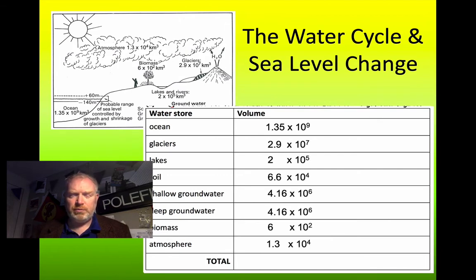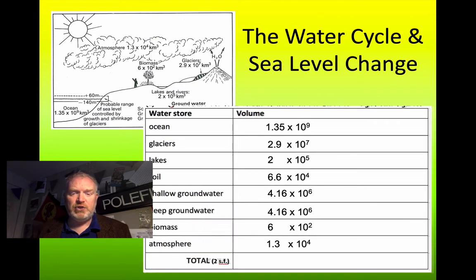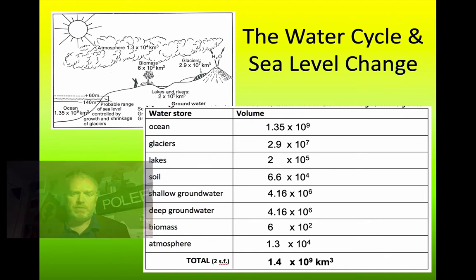So if we add all these up, either by putting them in your calculator or by perhaps even just turning them into the same powers all the way through, we have a total of 1,387,599,600 cubic kilometres. Bit of an unwieldy number. Let's simplify that a bit, put it as two significant figures, and we have 1.4 billion cubic kilometres, or 1.4 times 10 to the 9 cubic kilometres.